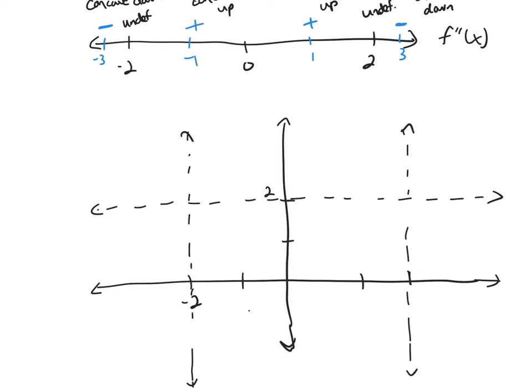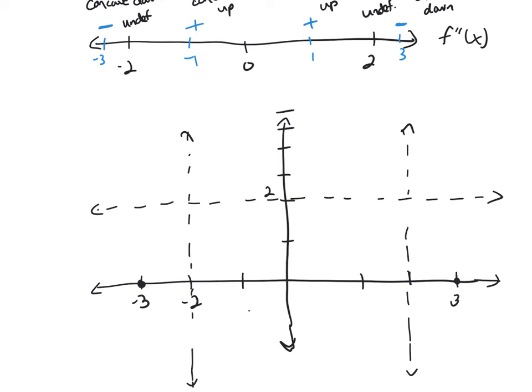And then I'm going to plot my x-intercepts and my y-intercepts. So I had -3, 0, +3, 0, and then it was 9 halves. It was 0, 9 halves.